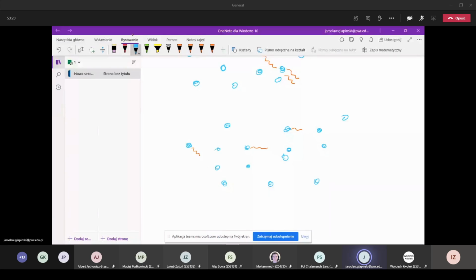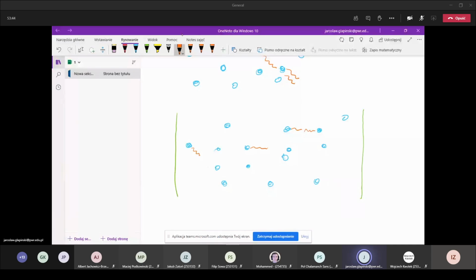So we can add some mirrors. If you add the mirror here and the mirror here, now this quantum of energy goes to this electron.